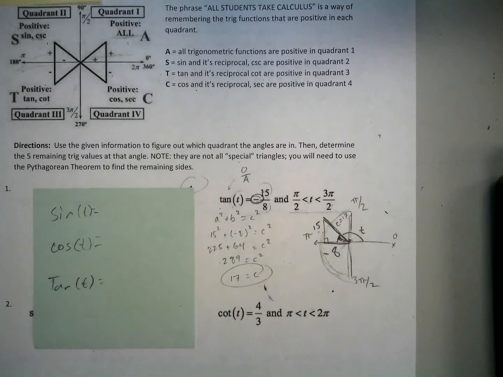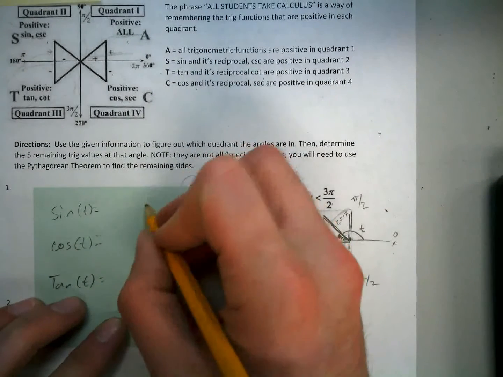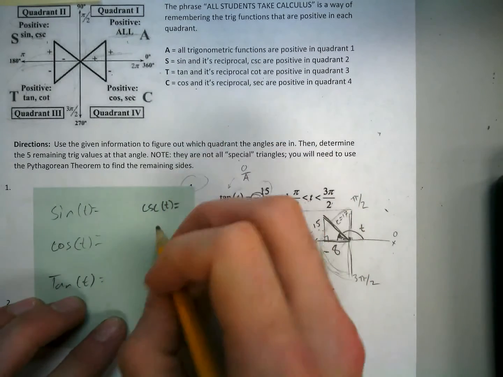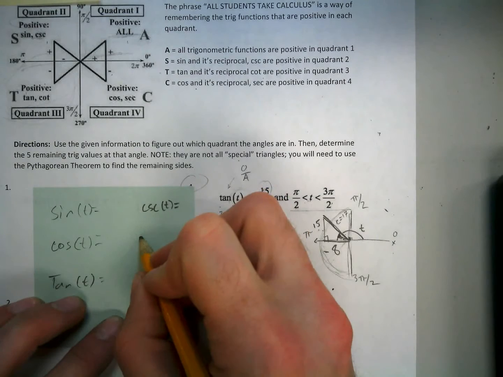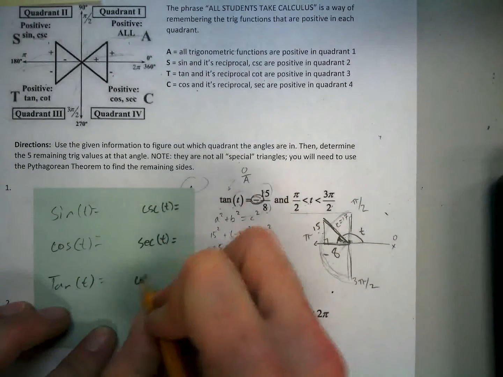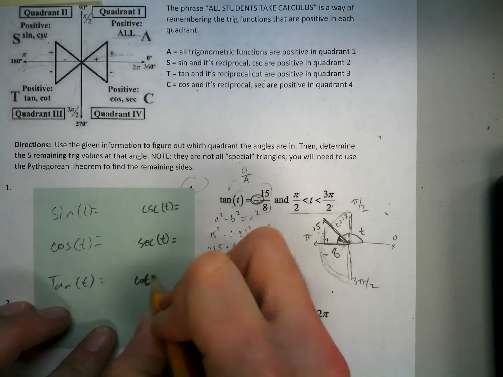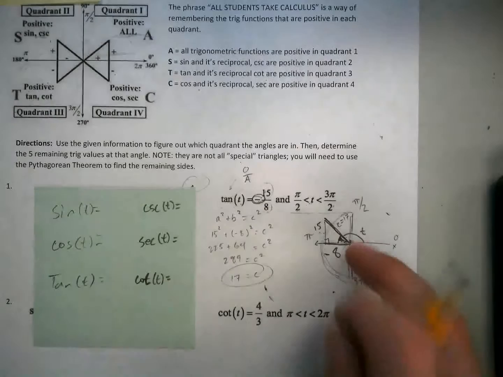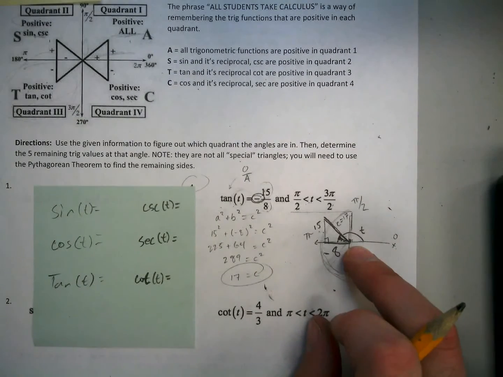Let me get a new one. Oh, not prepared. There we go. We also need to find their reciprocals. Cosecant of t, secant of t, and cotangent of t.